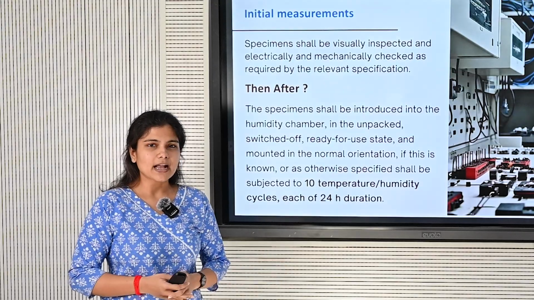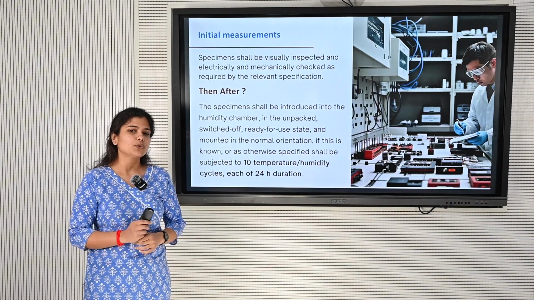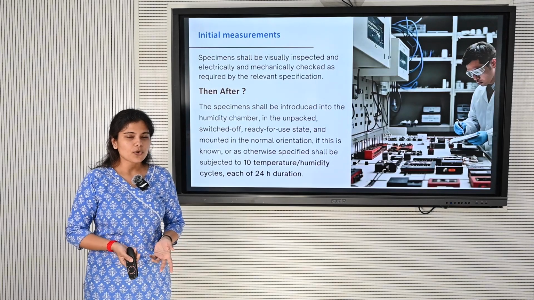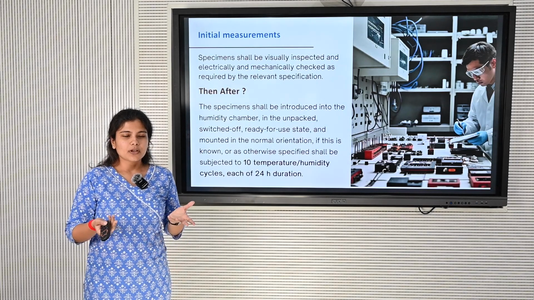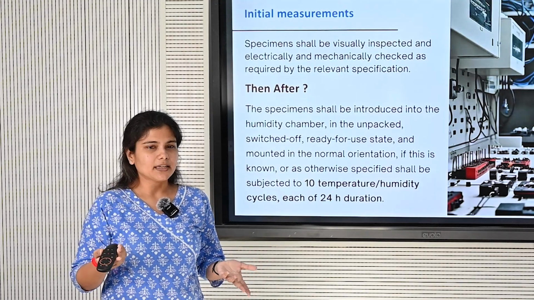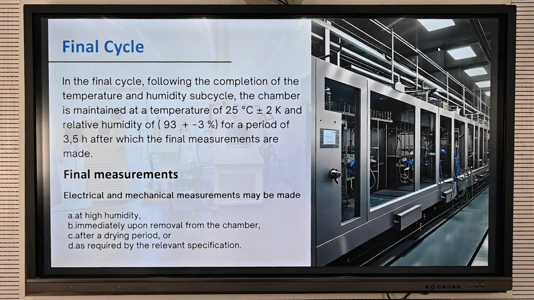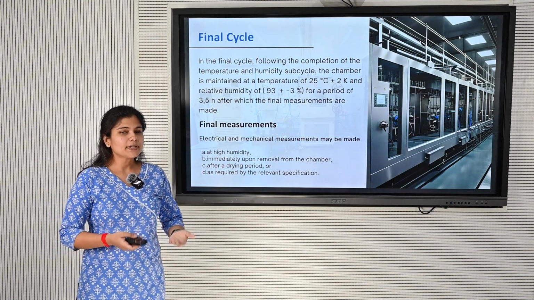So now you understand how rigorous the testing is for all the products that you are using today, be it your earphones, your laptops, your television sets and everything, right? So this is the final cycle. Once everything is done, the measurements are taken. How will you take the measurements?